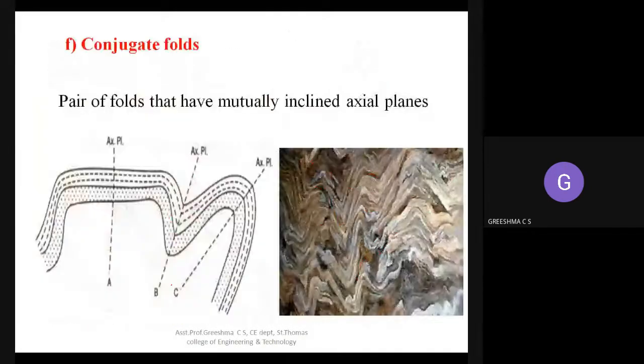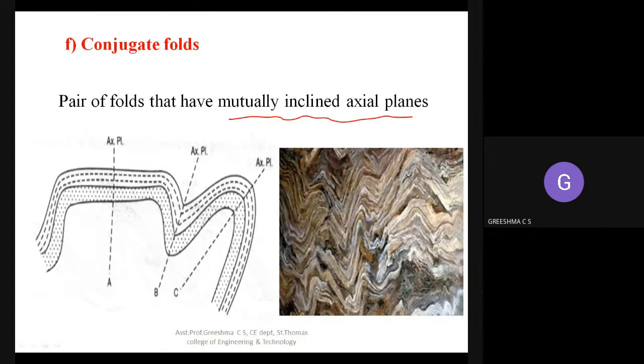Next one is conjugate folds. So conjugate folds are a pair of folds that have mutually inclined axial planes. See here, this is a group of folds which is having mutually inclined axial planes.